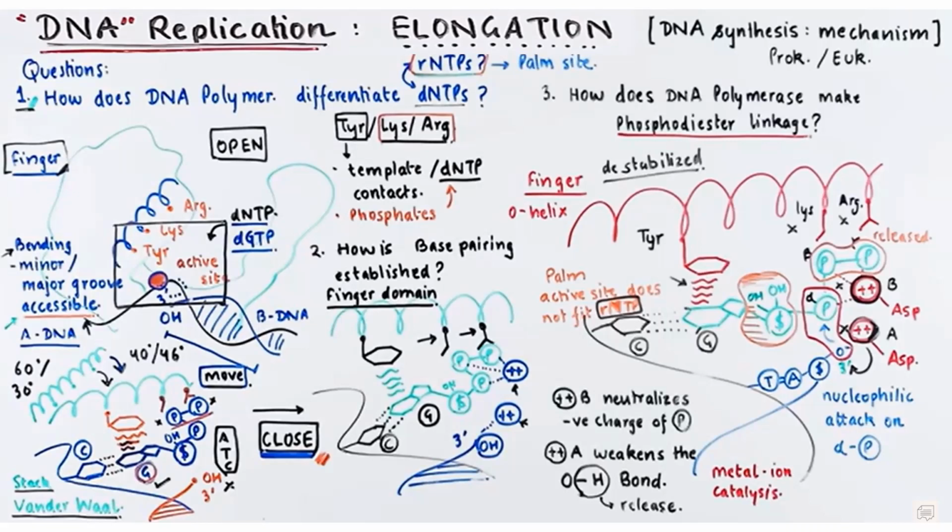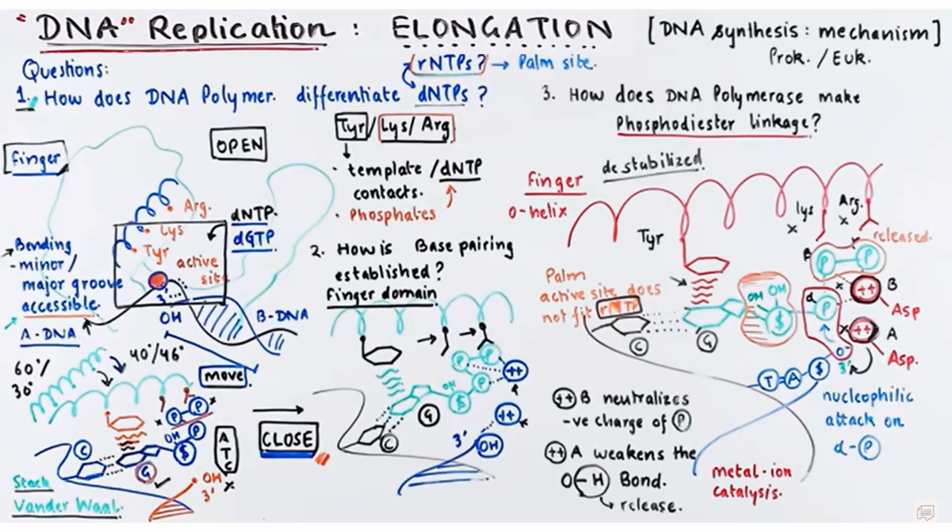This has to do with the divalent ions, which we have already discussed. With the correct dNTP at the palm region, one divalent ion makes contact with the phosphate of the dNTP and the other makes contact with the hydroxyl of the daughter strand to which the new dNTP will be attached.